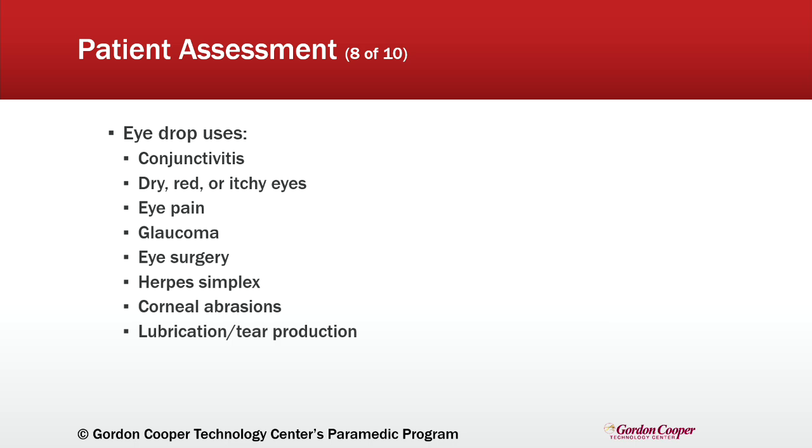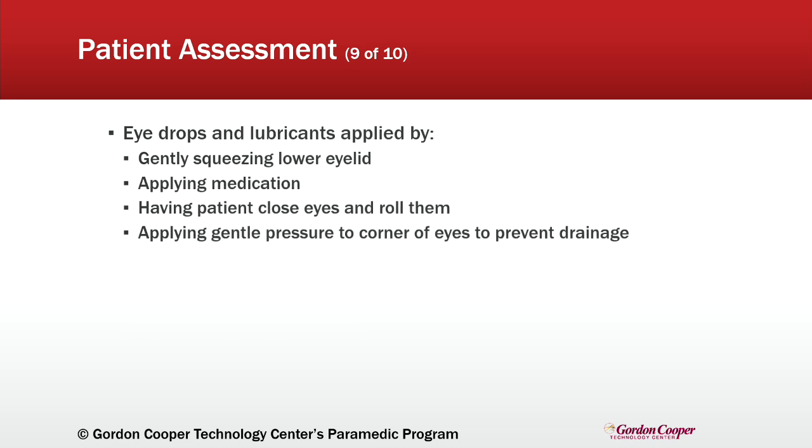There's a lot of different types of drops that are out there that are used for multiple purposes to treat conditions with the eye. Some mixing of those can be problematic, especially if they're going to more than one physician and one doesn't know what they're already on, so we can wind up with problems.